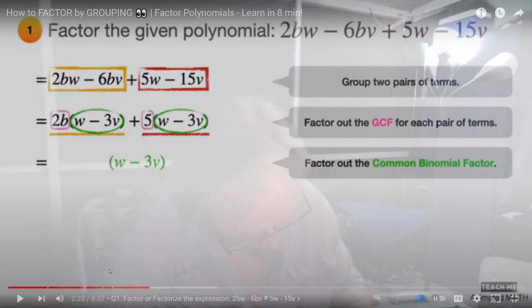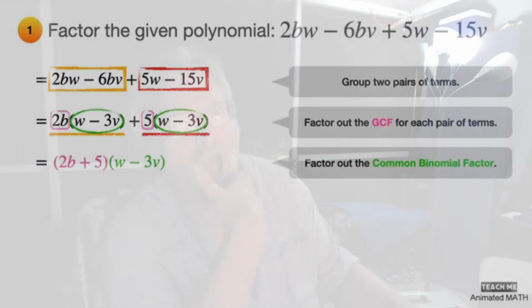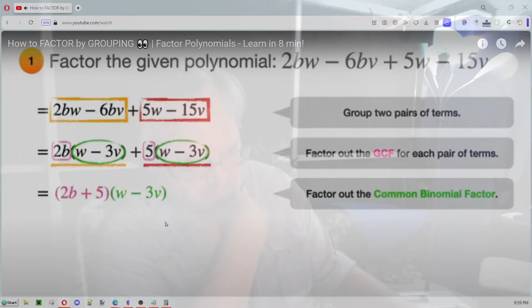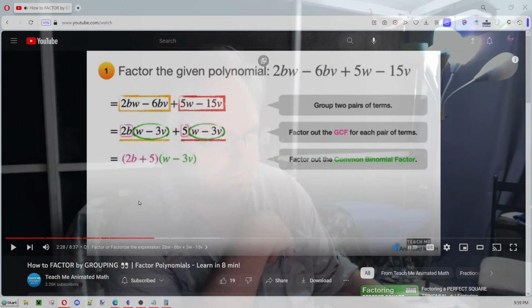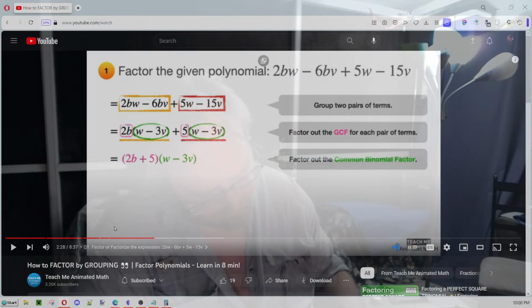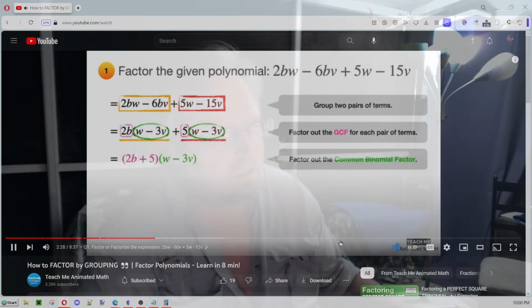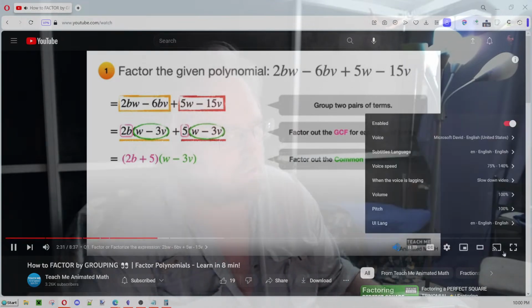That leaves me with the 2b plus 5, so that they form another binomial factor, which is 2b plus 5, and the final answer is 2b plus 5 times w minus 3v.